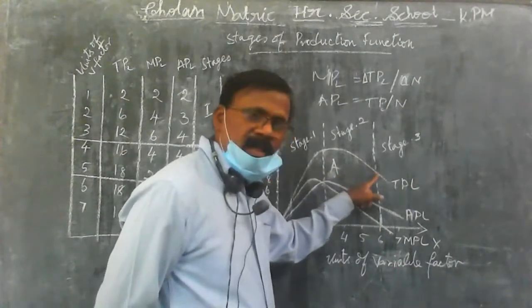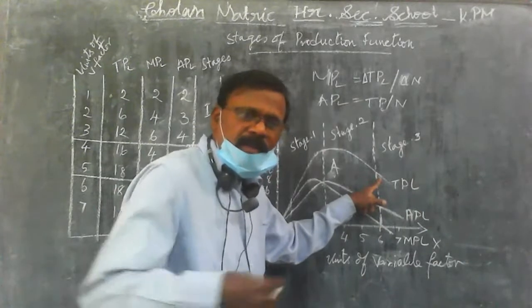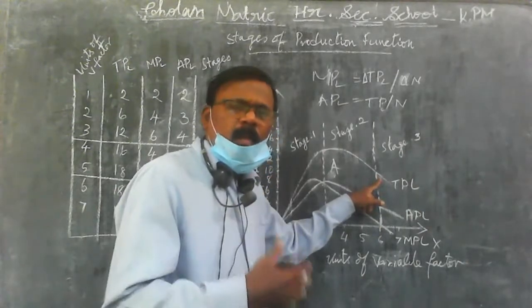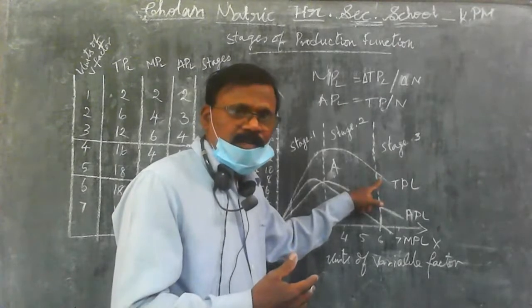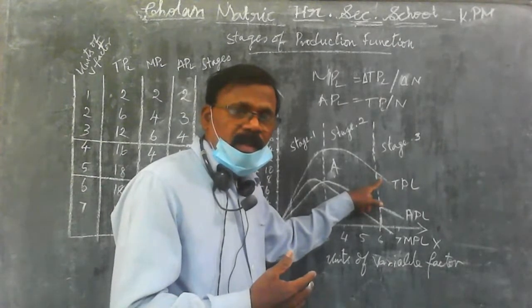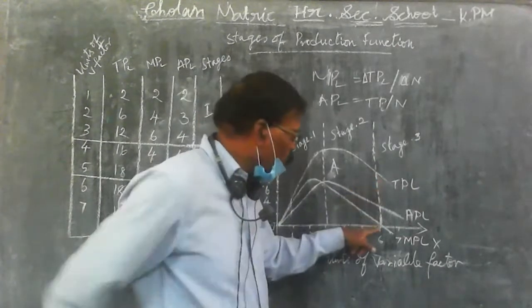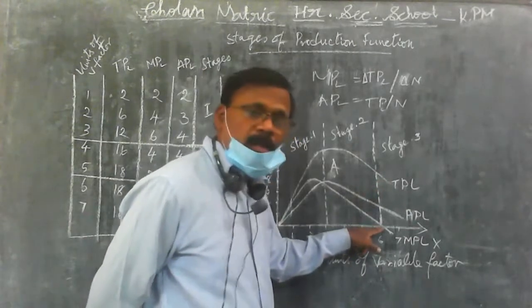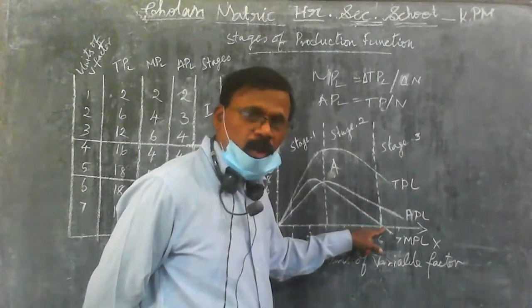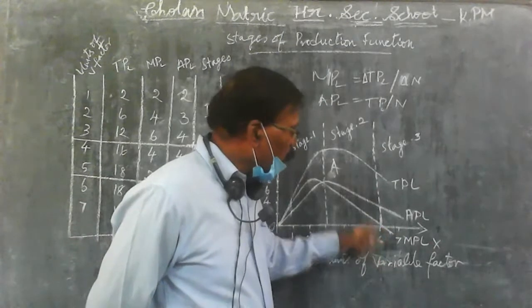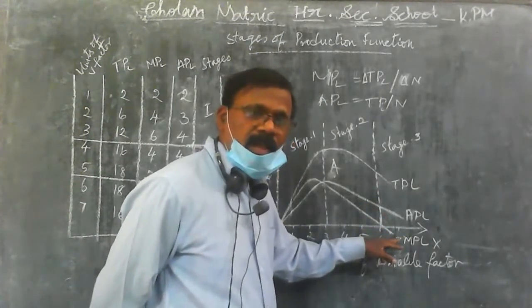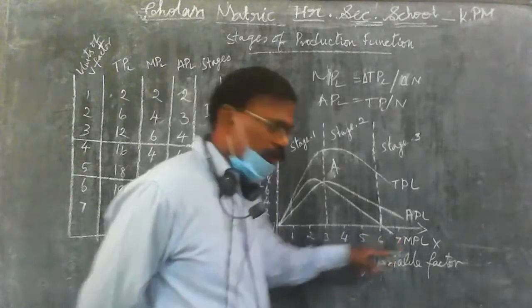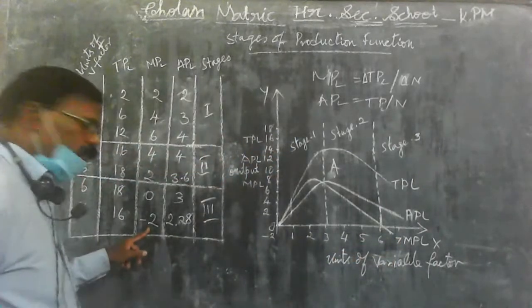Total product decreases because of using more units of variable factor. So this results in the marginal product being zero. Even after that, the marginal product becomes negative. Here, -2.